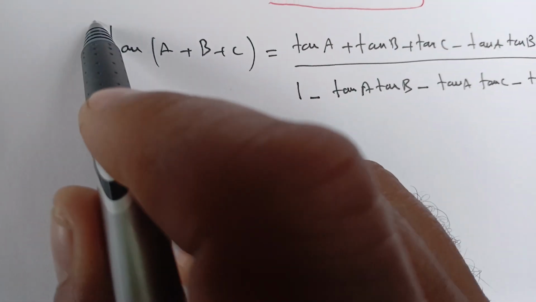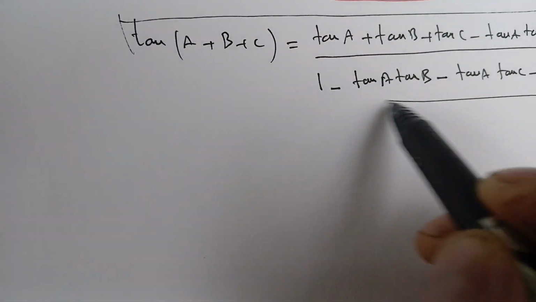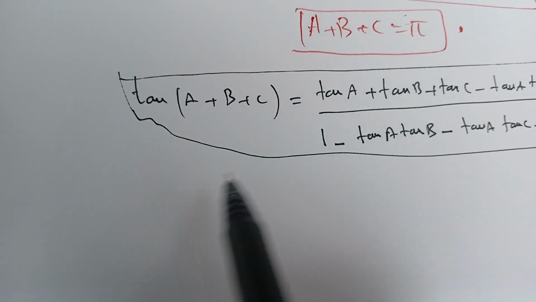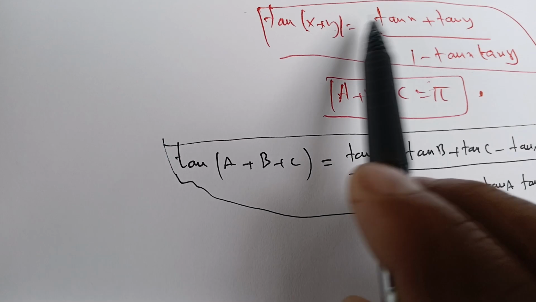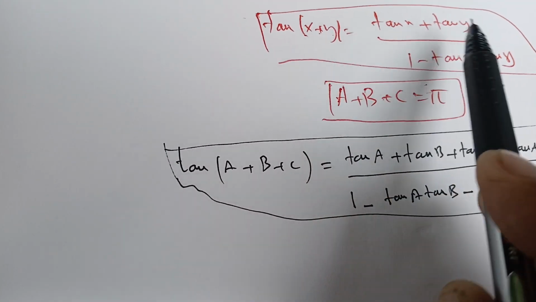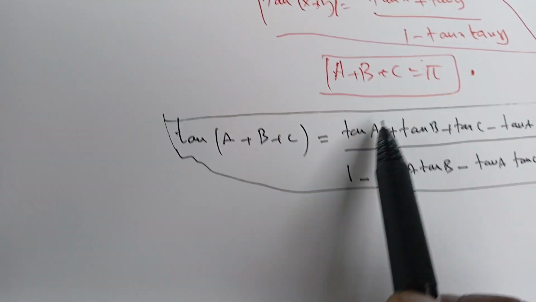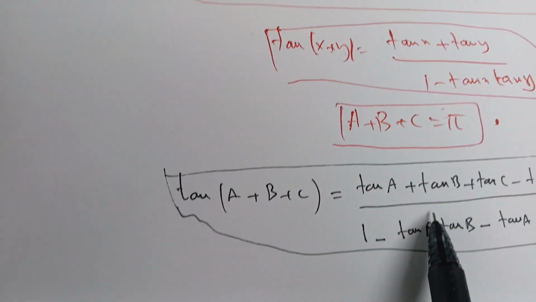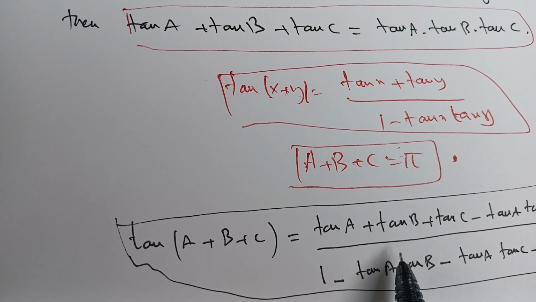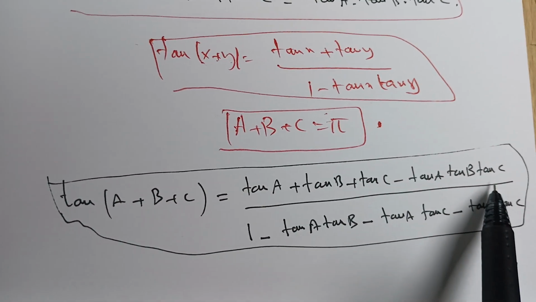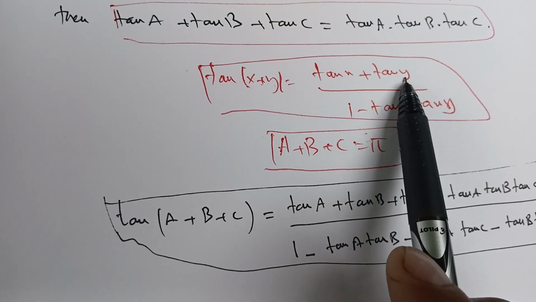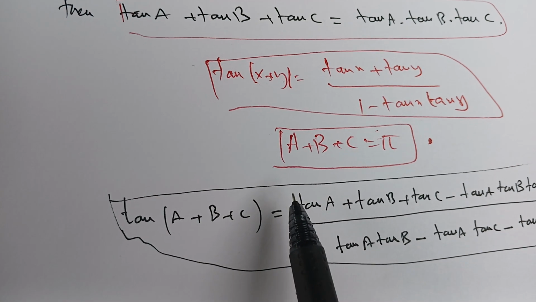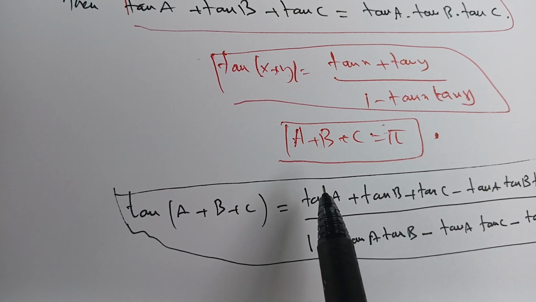So this formula is crucial in proving this problem. We can prove it by applying the addition formula again: if we take y as y plus z, we can do it very quickly and get this result.